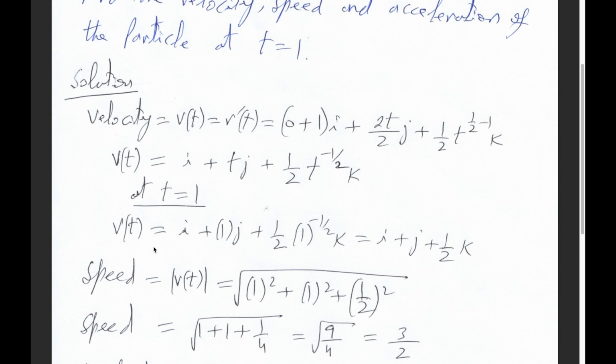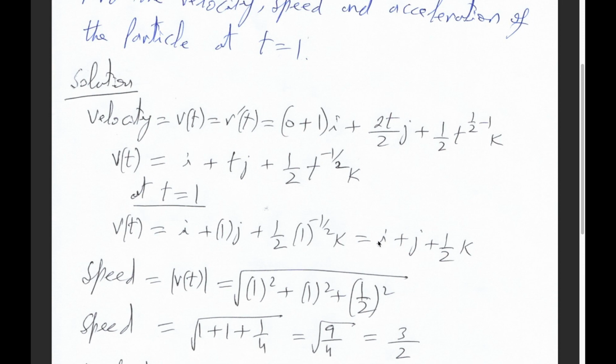Now to find the speed, you will take the magnitude of the velocity vector. You already found the velocity vector. There is no need to first find the magnitude and then put the value of t as 1. If you have already found the velocity vector at t is equal to 1, directly find the magnitude of that.